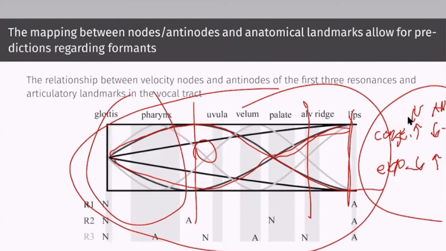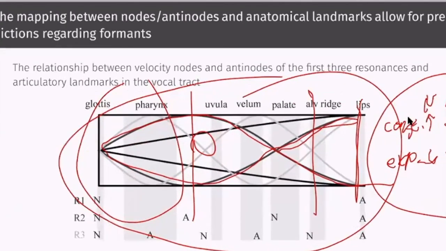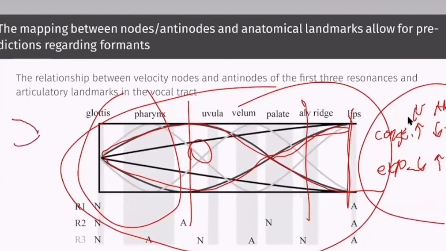Could you say that again? Yeah. So here, you're looking at a spectrogram and looking at the formants. And you see a pattern like this, where this is some kind of consonant, and this is a vowel, and this is a vowel.